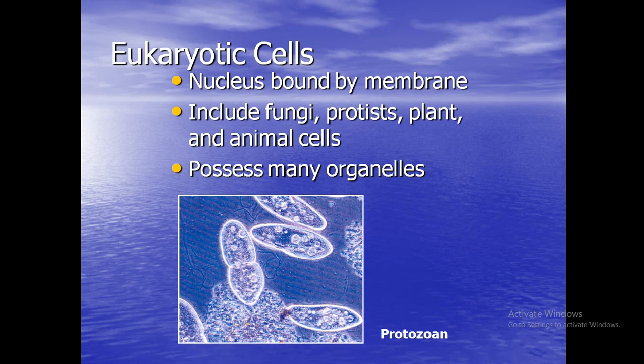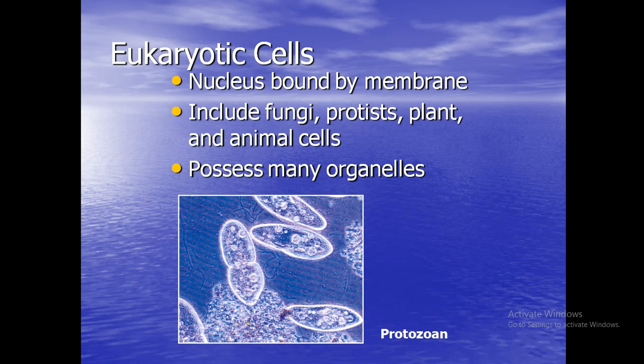Maximum number of cells that we have today are eukaryotic cells. They are found in fungi, protists, even in many plants and animal cells also. Compared to prokaryotes, eukaryotes have many more organelles in the cytoplasm.